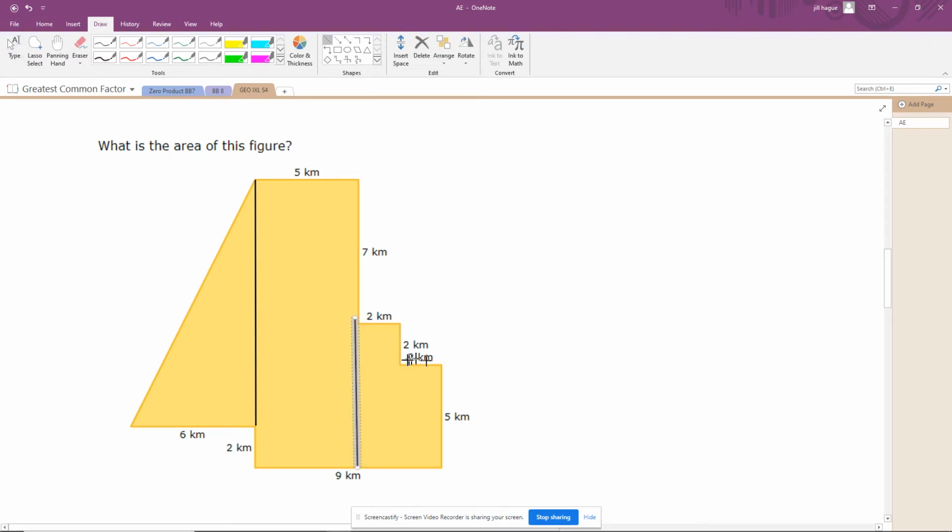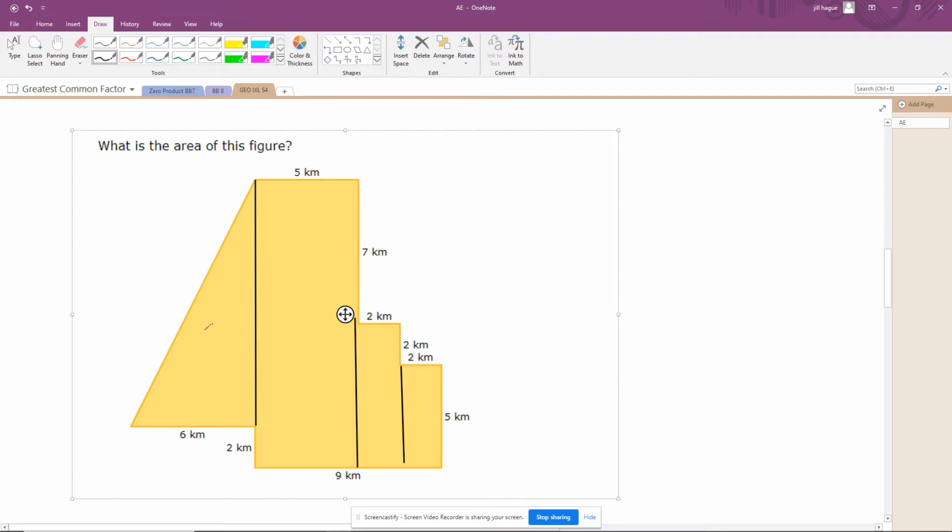But I'm going to break this down into those rectangles. Whoa, that was terrible. Last one right here. To about there. Okay, you get the picture, I hope.